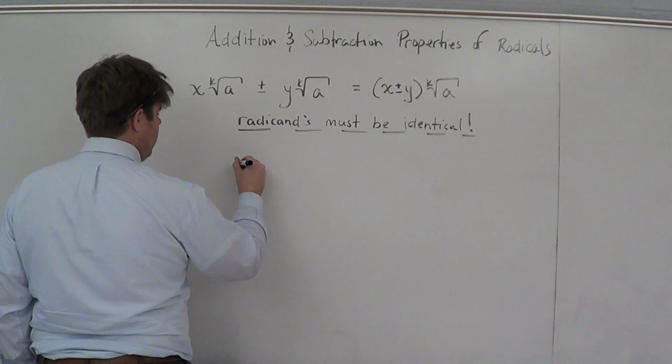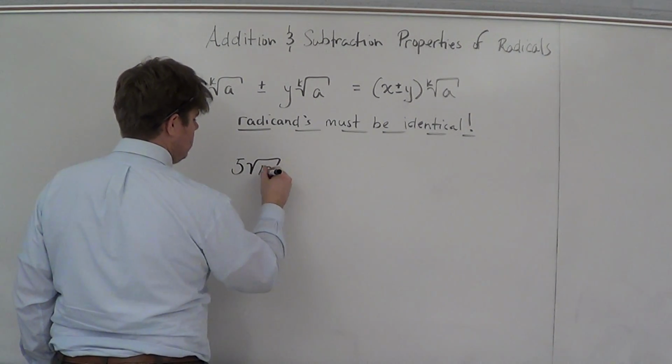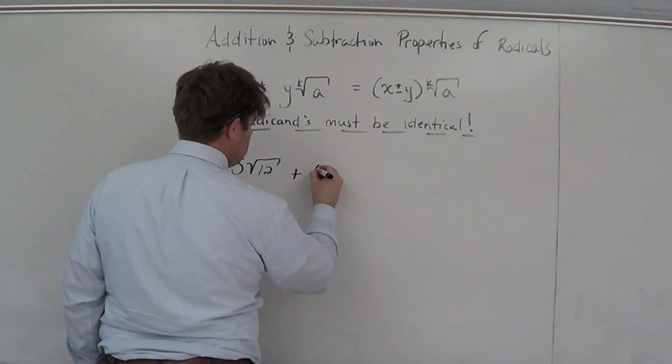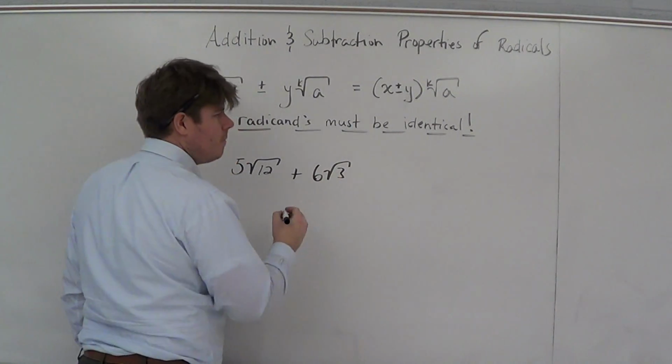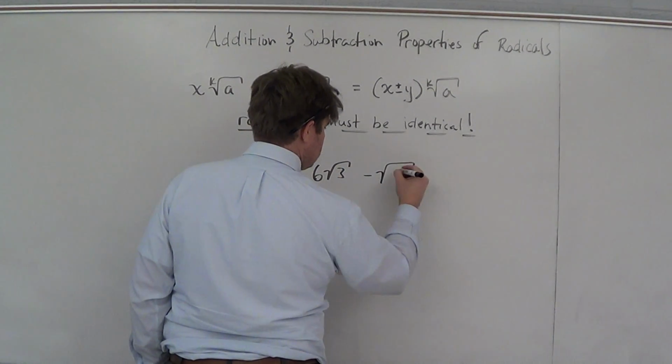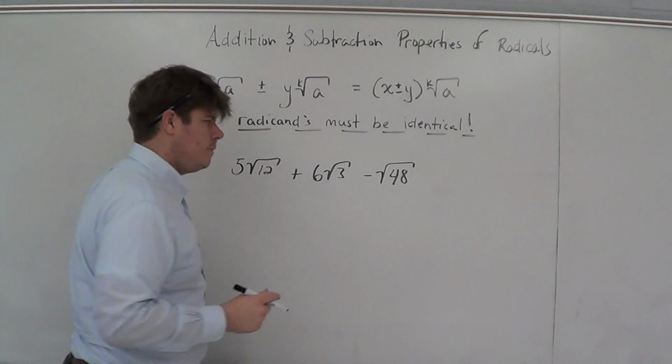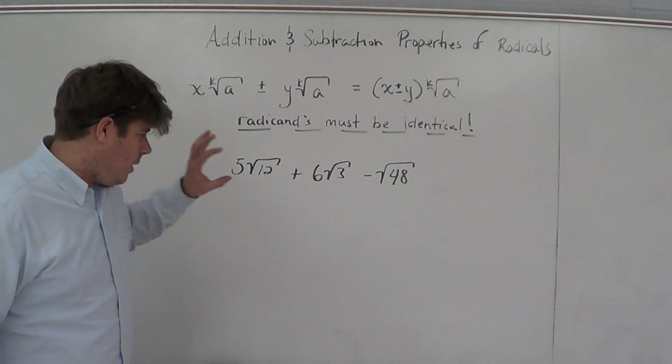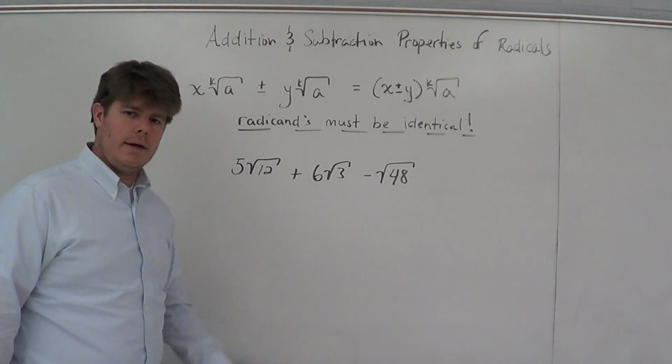The next one says 5 times root 12 plus 6 root 3 minus the root of 48. Now, someone might look at this right away and go, oh, there's nothing I can do here.